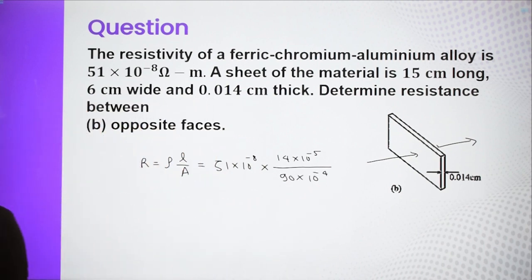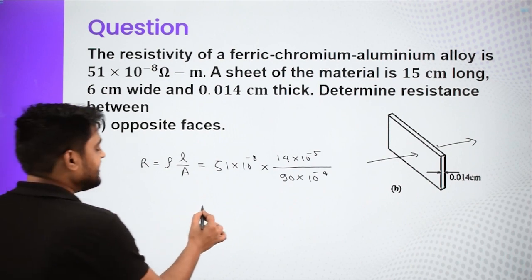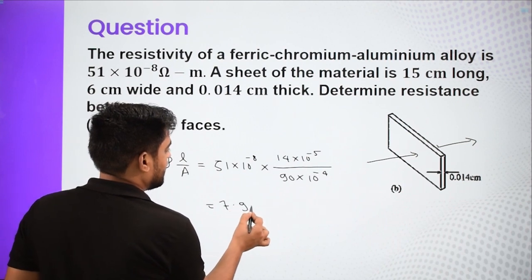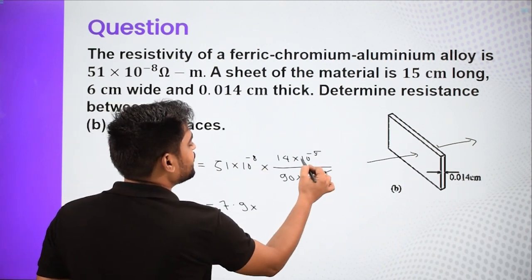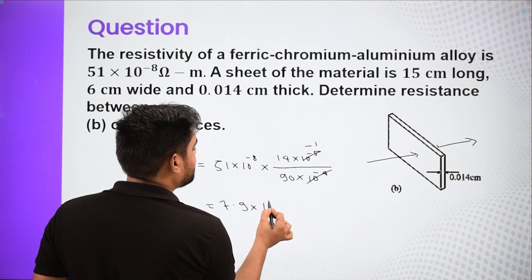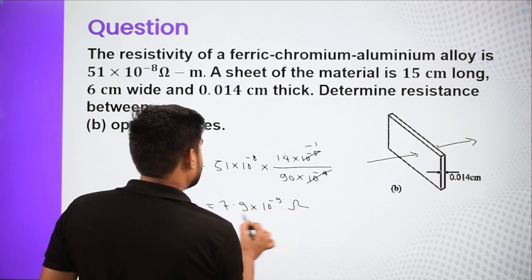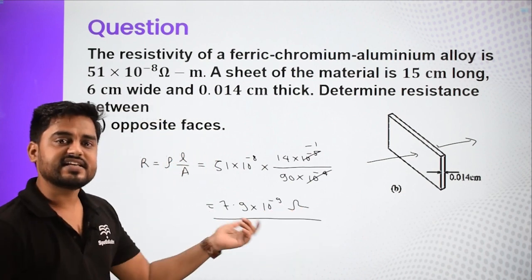And once we solve this expression, then we get 51 into 14 by 90. So that is 7.9, and the 10 raised to power 8, this is -4, so we are left with -1, so 10 raised to power -9 ohm. So if you see, this resistance is the lesser.